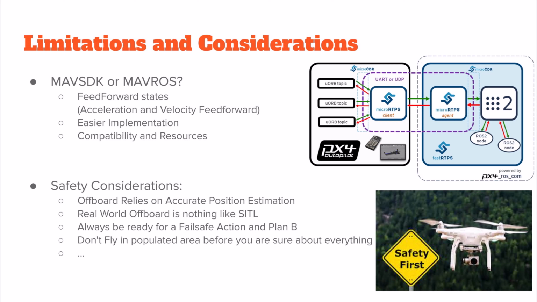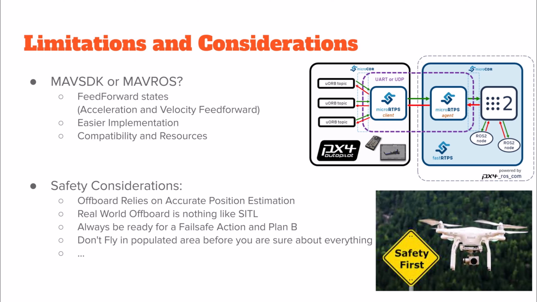So before using offboard control in the real world, make sure your algorithm works no matter what. And even if you're sure it works in software in the loop, go ahead and try your drone in manual flying and make sure the PIDs are well tuned and the drone can follow the trajectory and can follow the commands.